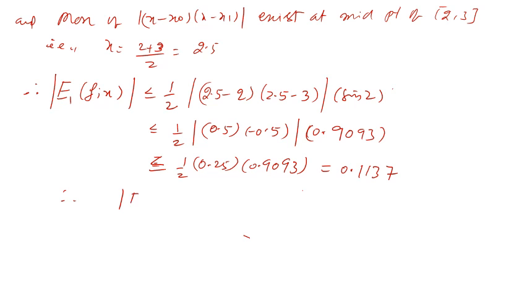Therefore, in the second interval, the truncation error bound is less than or equal to 0.1137. This is the problem. This is one more problem based on Lagrange's interpolation and the truncation error bounds.